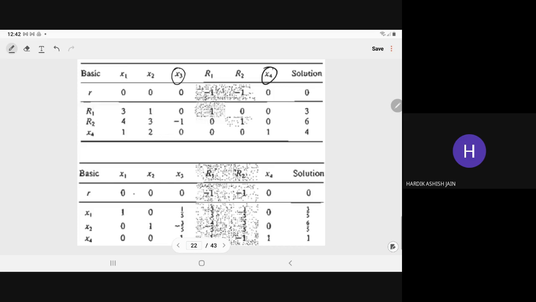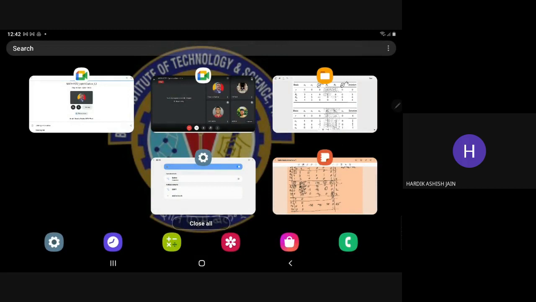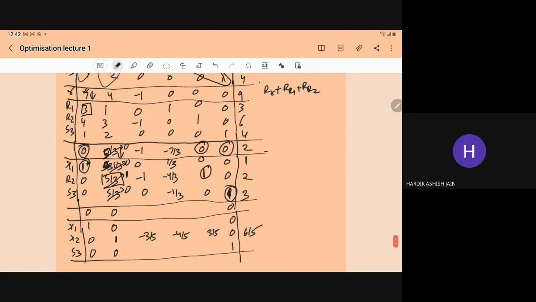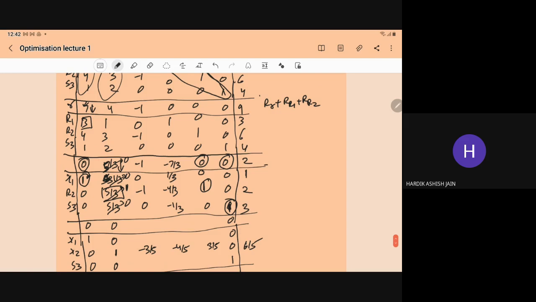Sir, I had one more doubt. From table 1 to table 2, we proceed by performing row operations. But sir, how did the basic variables change from R1, R2, X4 to X1, X2, X4? Now please tell where you are asking. The number of basic variables must be equal to the number of constraints.